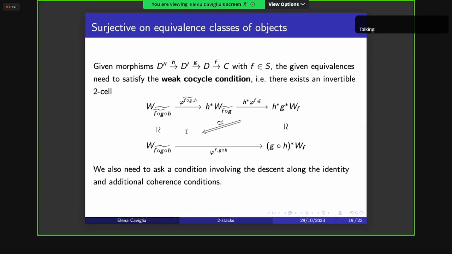And I call it weak because here we have invertible two cells, so this diagram is not commutative anymore, but is essentially the same diagram. So it relates the descent along G, the descent along H, and the descent along the composite.